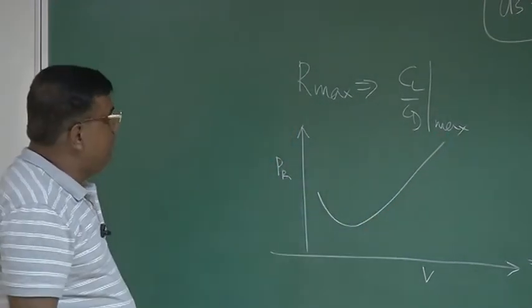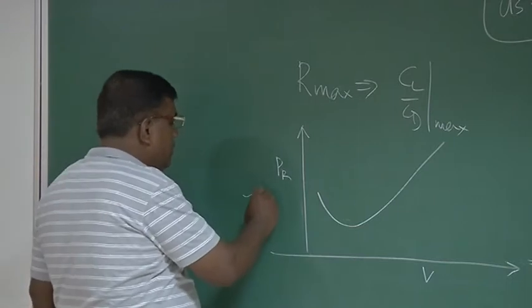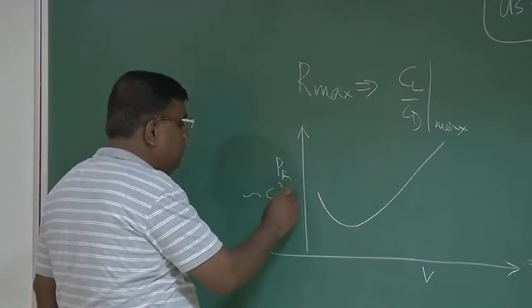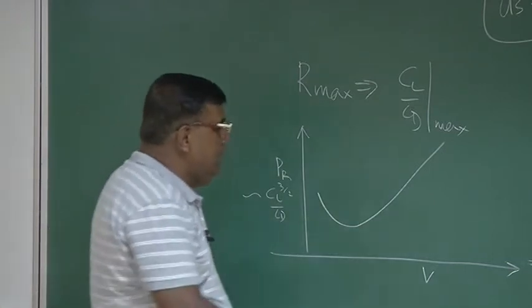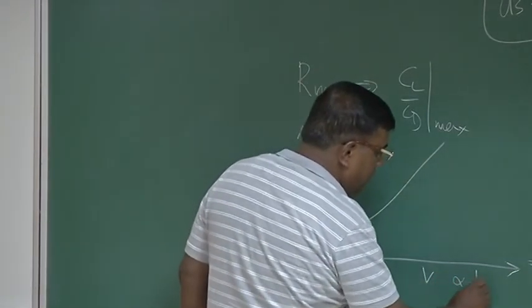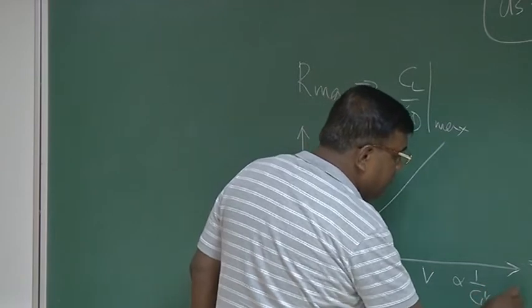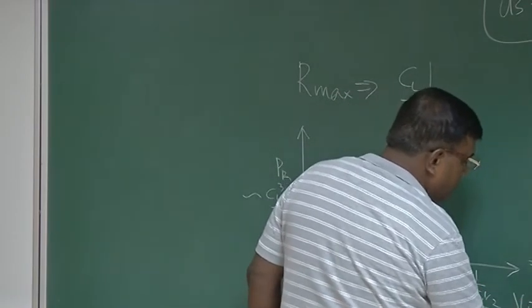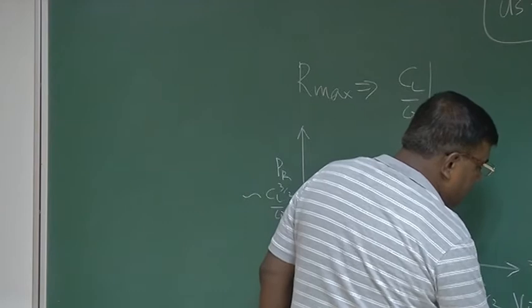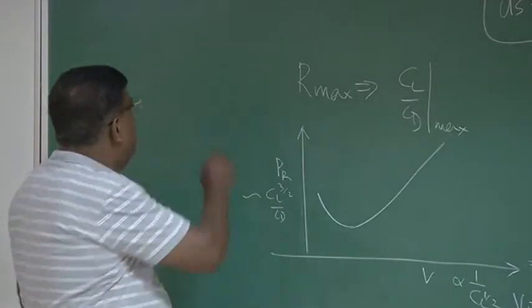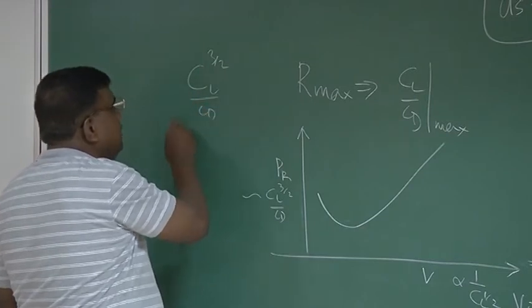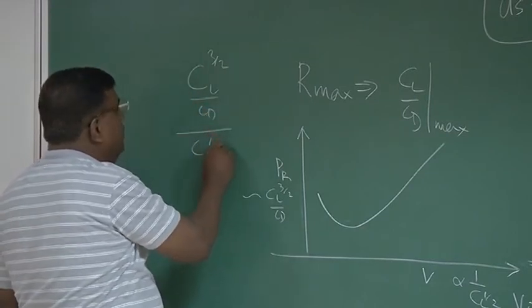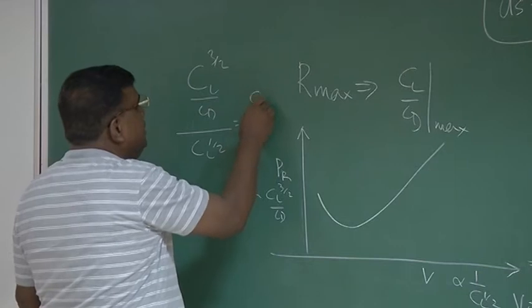Now watch out. This power required is proportional to CL^(3/2) by CD. You can check your notes. And V is proportional to 1 by CL to the power half, because V is the square root of 2W by S rho CL. So if I divide CL^(3/2) by CD by CL to the power half, what I get is CL by CD.